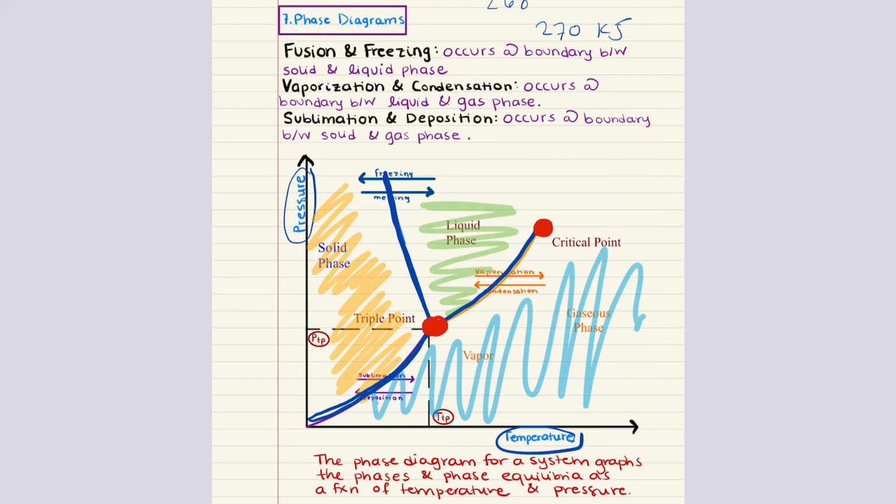Now, beyond this point, the distinction between liquid and gas phases disappears, and the substance becomes a supercritical fluid. Now remember that these phase changes are usually reversible. So for example, condensation is the reverse of vaporization, and freezing is the reverse of melting. The exact temperature and pressure at which these changes occur depend on the specific substance you're considering. So that is an important thing to keep in mind.